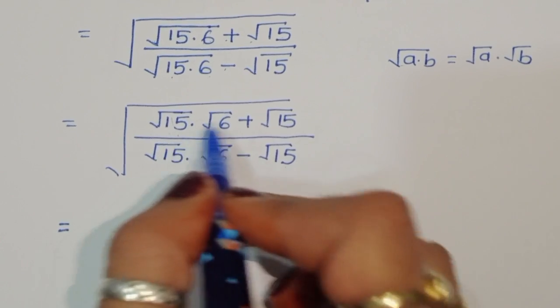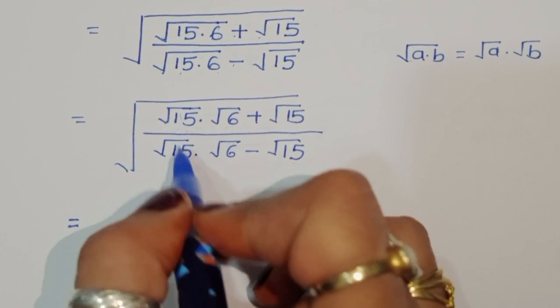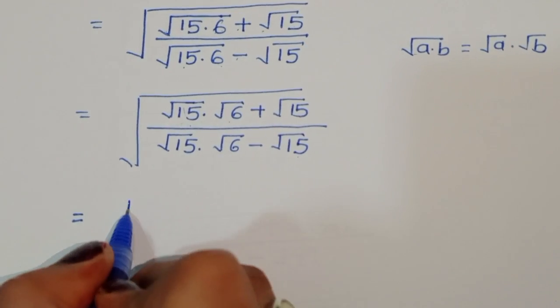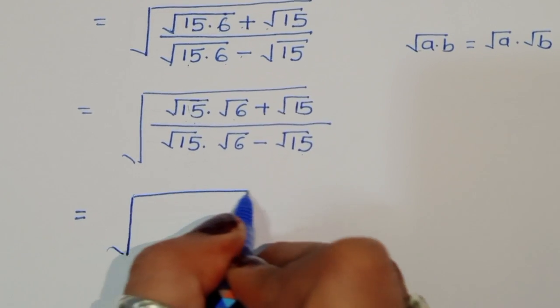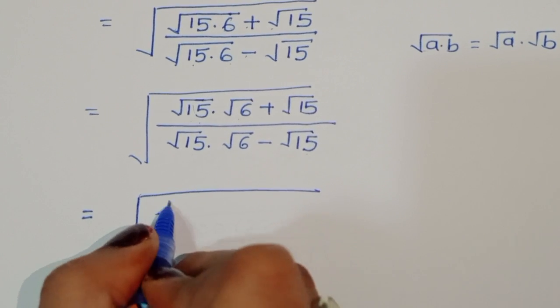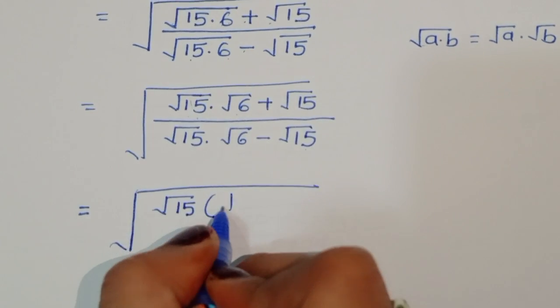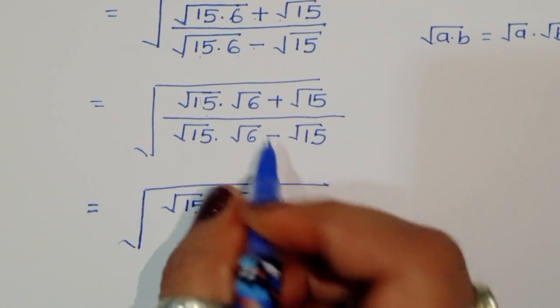Square root of 15 is common in the numerator and denominator, so we take it common. The left term in the numerator is square root of 6 plus 1, and in the denominator square root of 6 minus 1.